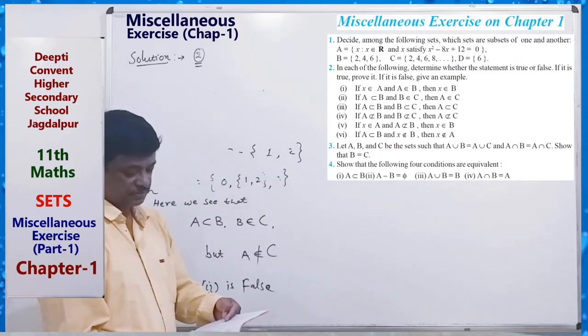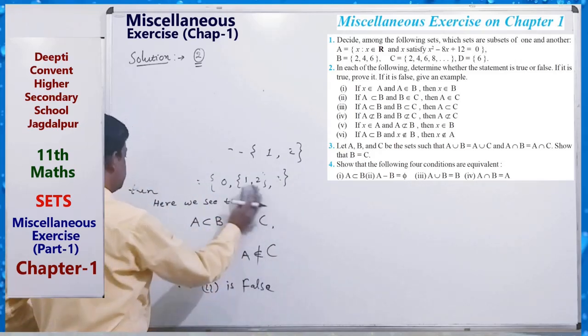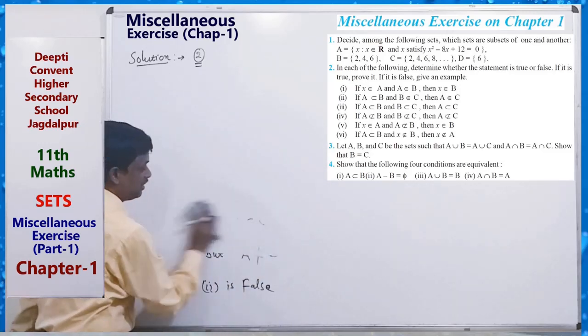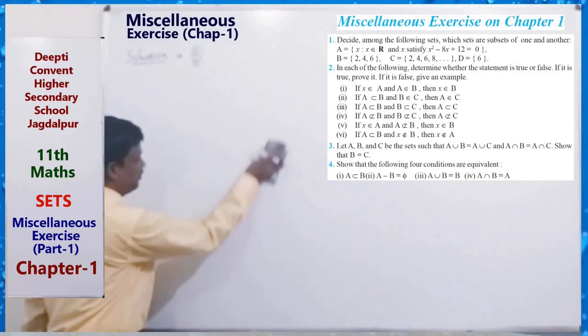Third question: A subset B subset C, then A subset C. Yes, very clear. We can draw it by Venn diagram also, and you can also prove it. Very simple.